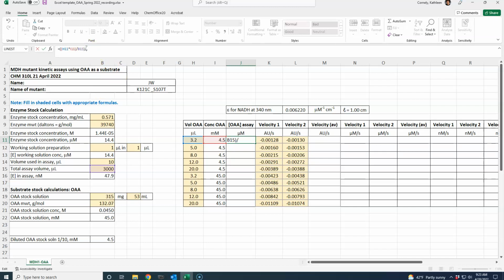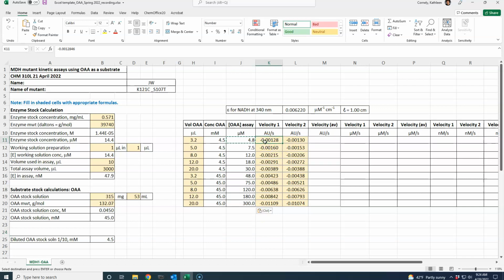So we're going to multiply by 1,000 to get it in micromolar. Okay, so I want to copy this. Since I always go back to this 3,000, I'm going to turn that into an absolute reference, and now I can copy the rest of these, and that gives me my OAA concentration in the solution in micromolar.